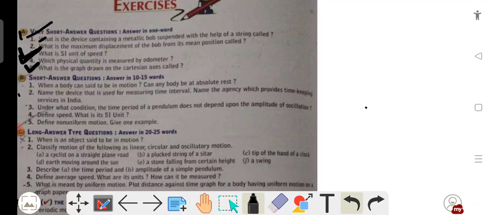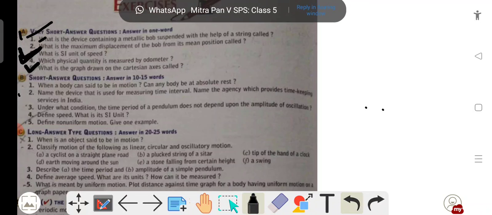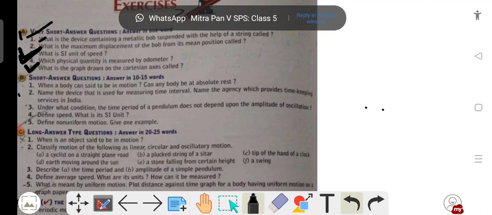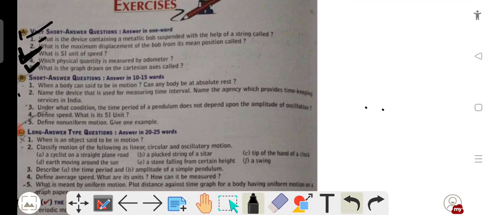A body is said to have non-uniform motion when it travels unequal distances in equal intervals of time, or you may say that a body is said to have non-uniform motion when its speed differs in equal intervals of time.